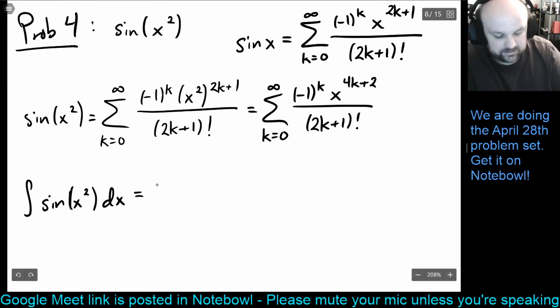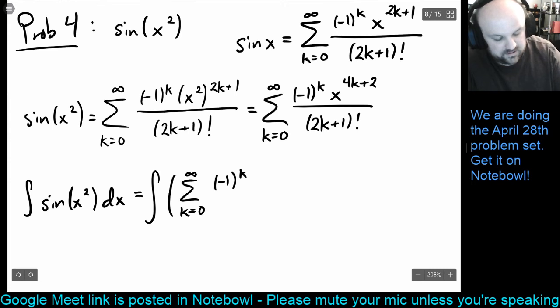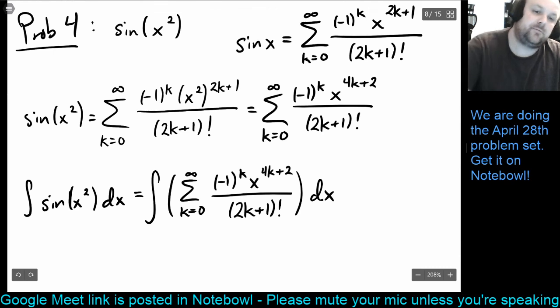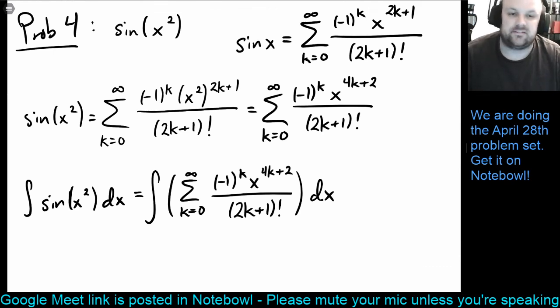So to integrate this, we swap over to the integral of the series. X to the 4k plus 2 over 2k plus 1 factorial. And this is why I really, really like power series, because it allows us to work with anything, right?